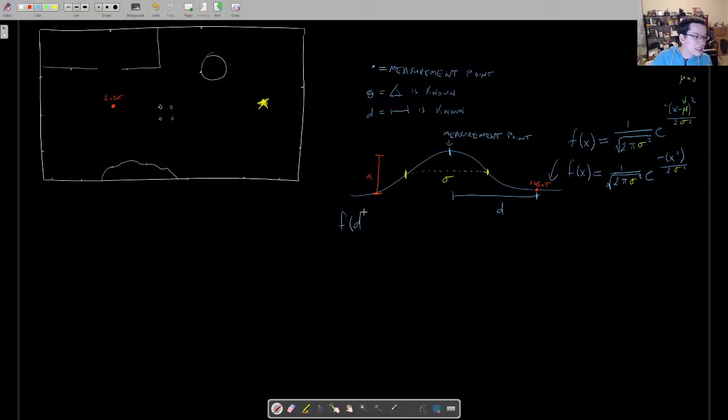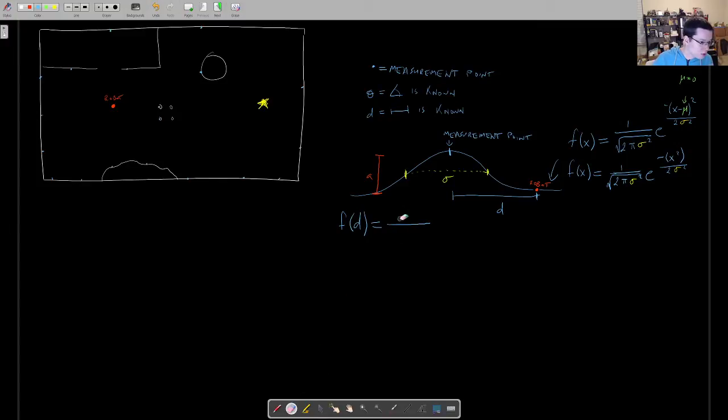I'm not done because I haven't added this amplitude term yet. But f of d is going to be equal to the weight that we're going to use to weight a direction.